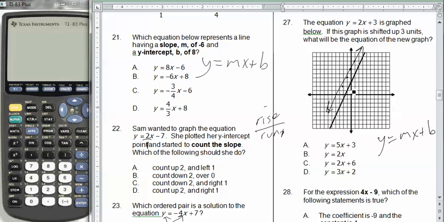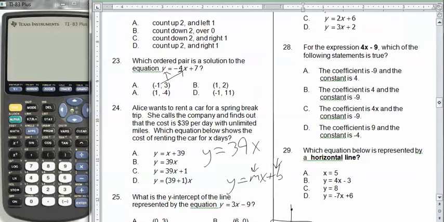And the y-intercept is 1, 2, 3, 4, 5, 6. And only one of these has a b value that is 6. And that would be our choice. If there were more than one of them that had the 6, we would have to take a look at the slope, which would be up 2 over 1. So the 2 would go there.